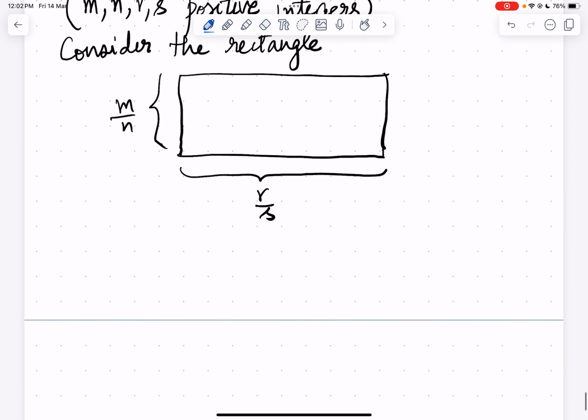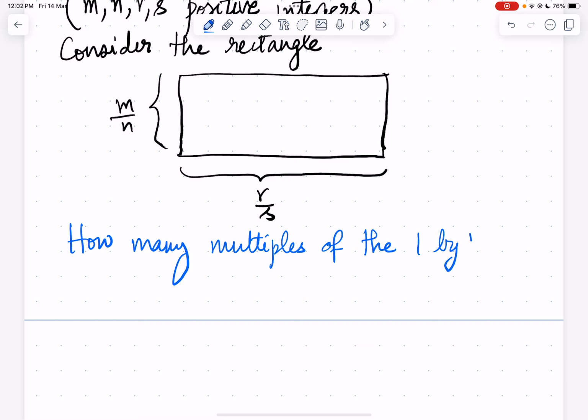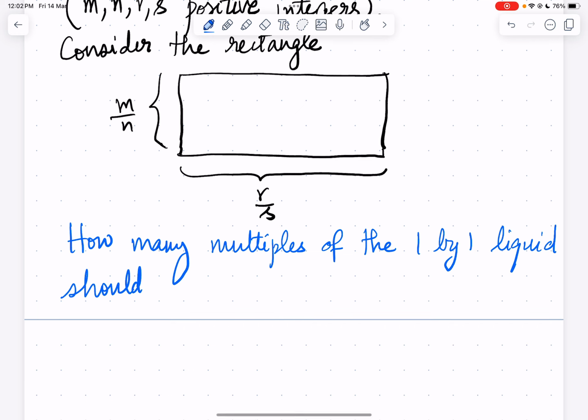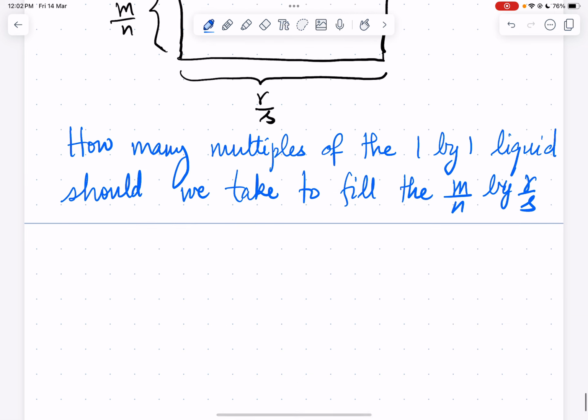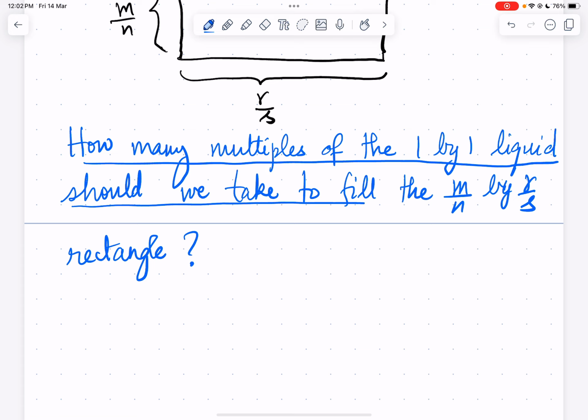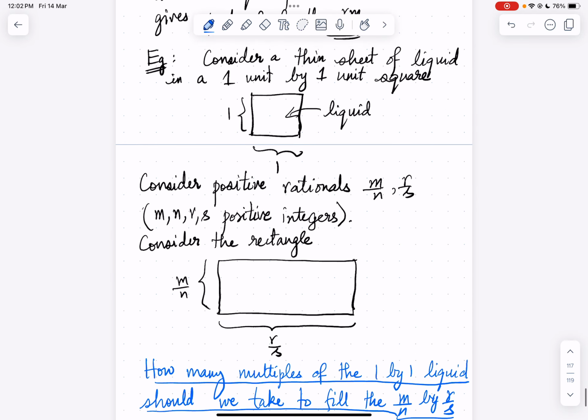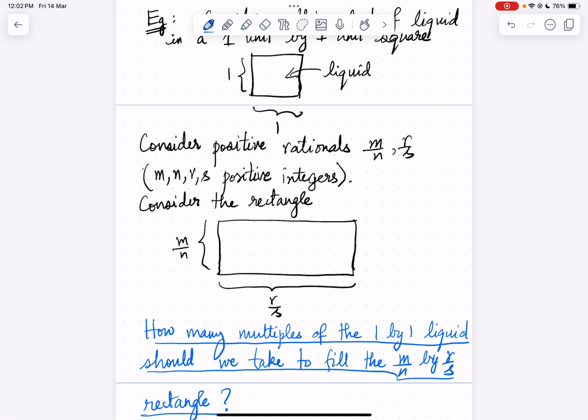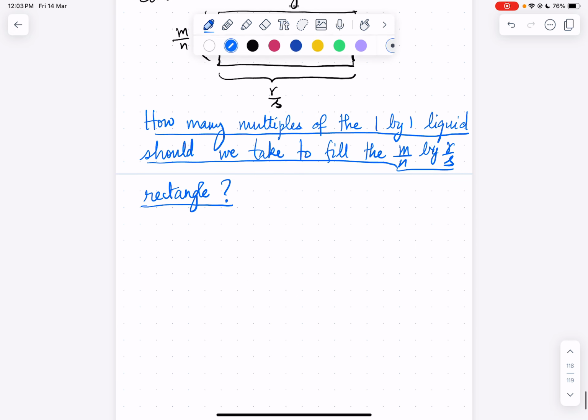We can ask how many multiples of the 1 by 1 liquid should we take so that we fill the m by n by r by s rectangle? So we'll study this.